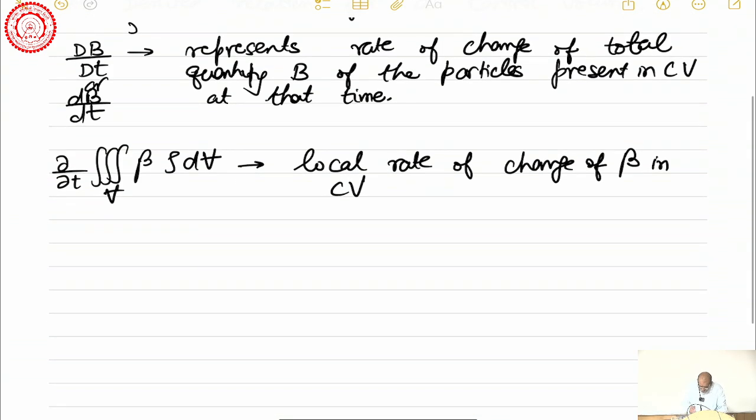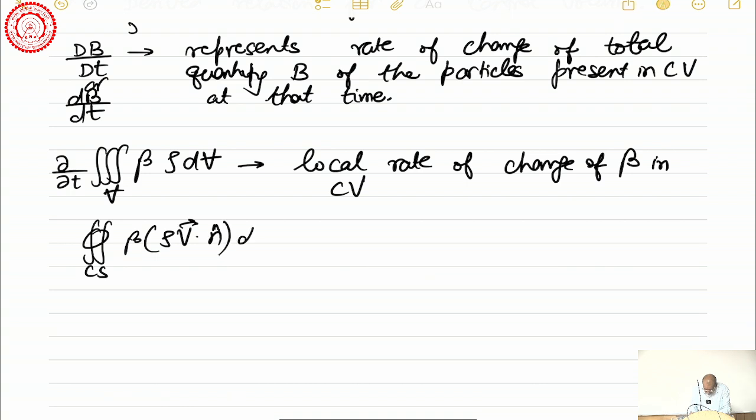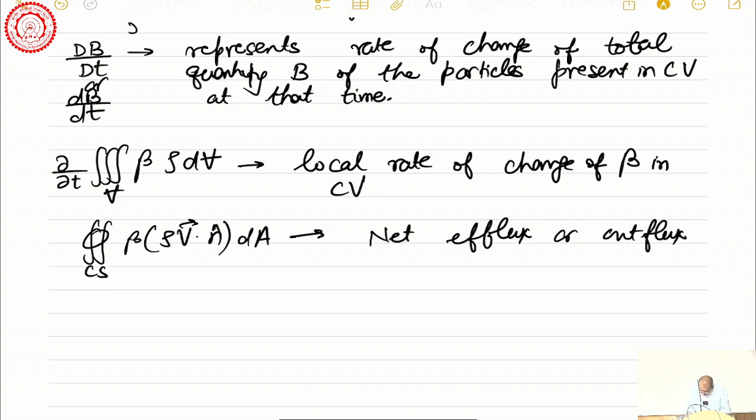And the third term which we have, the integral over the control surface, represents the net efflux or outflux of B from the control surface of the control volume.